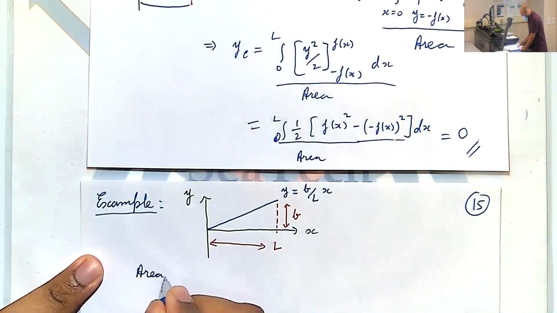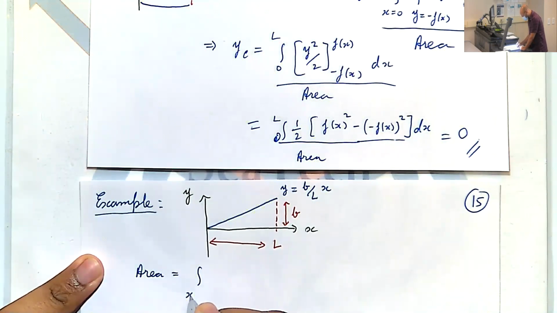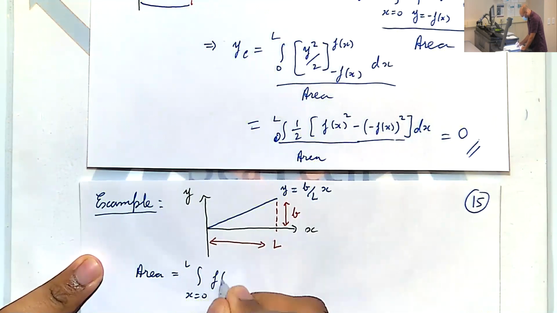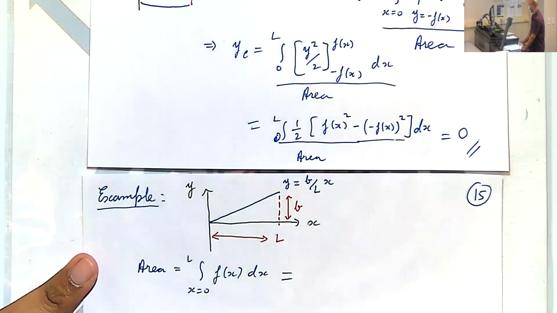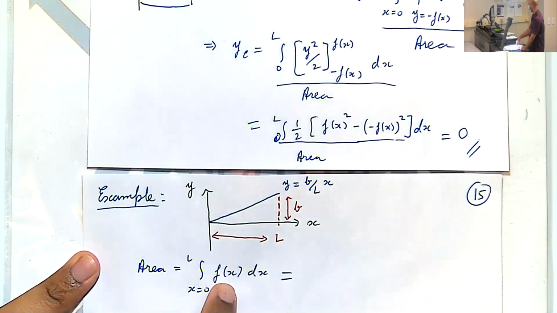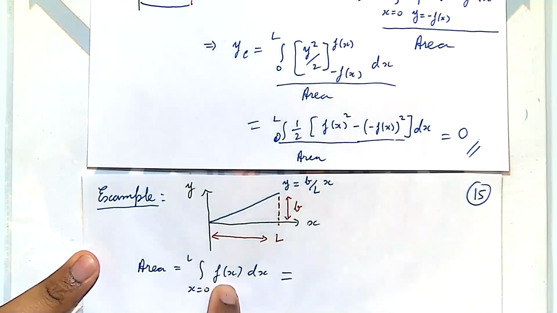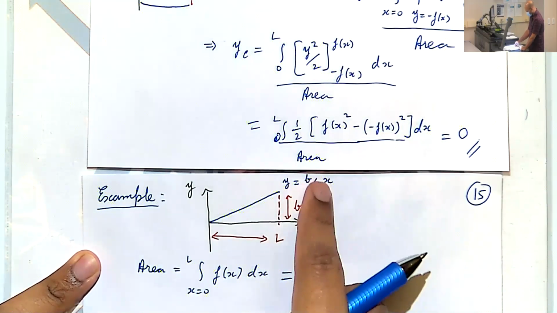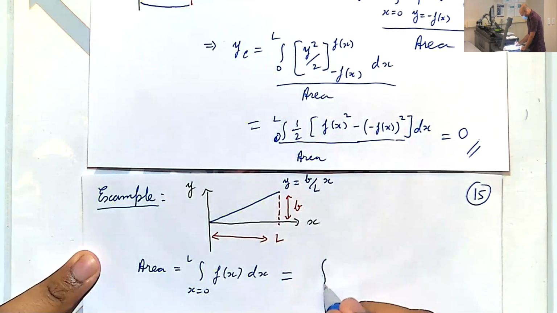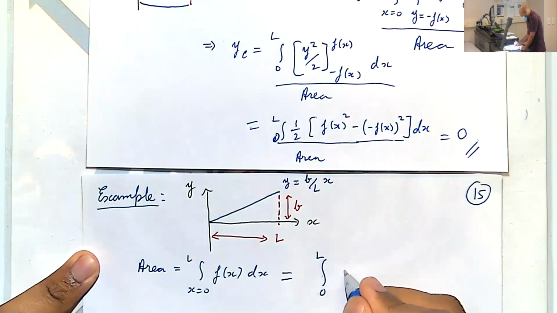So area is what? Area is the integral from x equals 0 to L of f(x) dx. Instead of f(x), what do we write? B over L times x. Yeah, our f(x) is given to us, b times x over L. So we have 0 to L, bx over L dx.